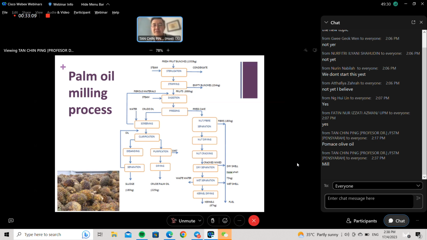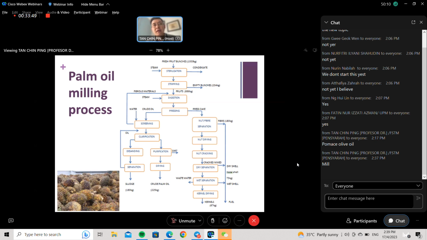If you begin with 1 ton of FFB, you will end up getting roughly about 20% of it as crude palm oil. So you get about 200 to 230 kilograms of oil. The oil yield from mills is usually roughly about 20%. In the industry, our government is very concerned about this percentage of oil because in a year, our mills process million tons of palm fruits.